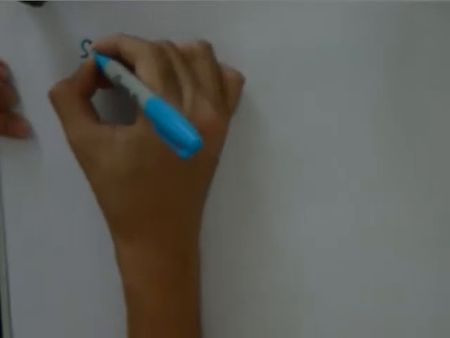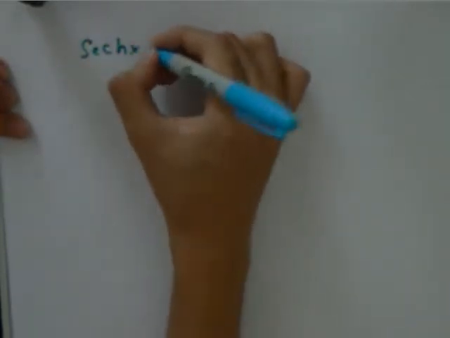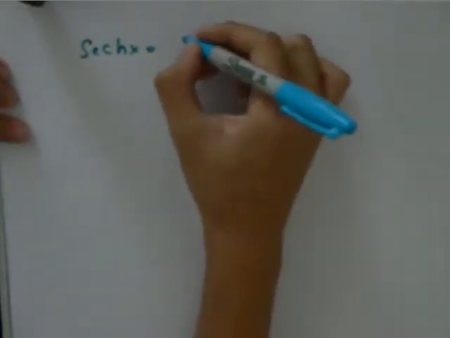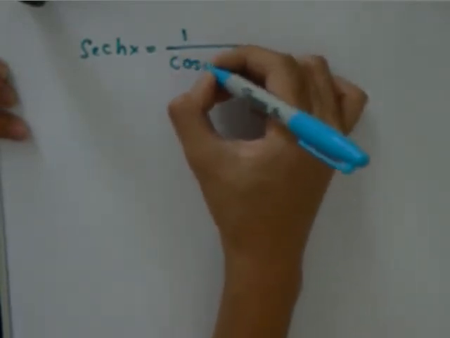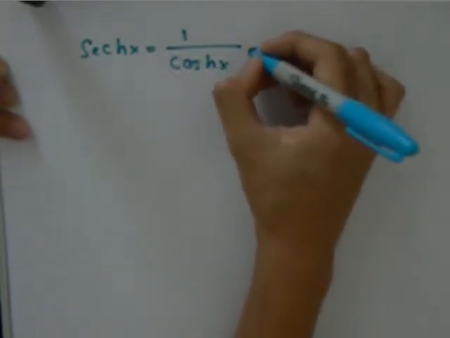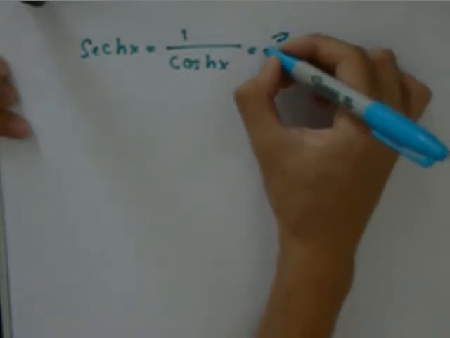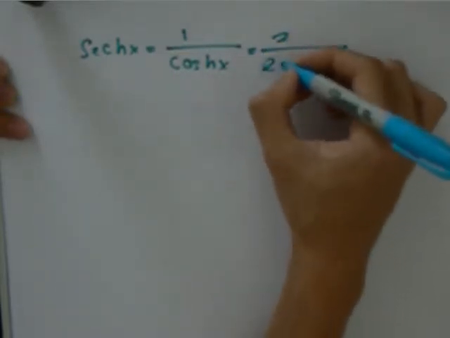Now time for our next reciprocal function graph, which is secant hyperbolic x. Secant hyperbolic x is basically the reciprocal function of cosine hyperbolic x. So once again we just flip the numerator and denominator to find the equation.